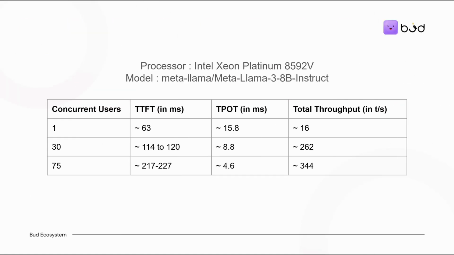And a Llama 8B model on Intel Xeon hardware delivers a TTFT of about 120 milliseconds with 30 concurrent requests. However, increasing the TTFT to around 220 milliseconds can more than double the number of concurrent requests.